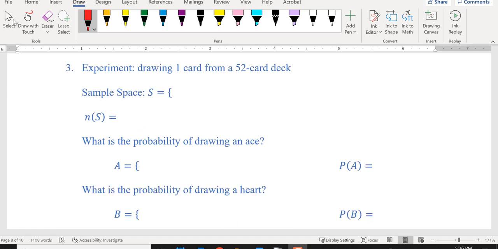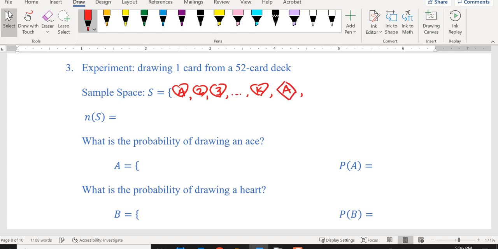Okay, number 3. Your experiment is drawing 1 card from a 52-card deck. Now remember, we had the ace of hearts, the 2 of hearts, the 3 of hearts, all the way up to Jack, Queen, King of hearts. And then we had all of them of diamonds, right?